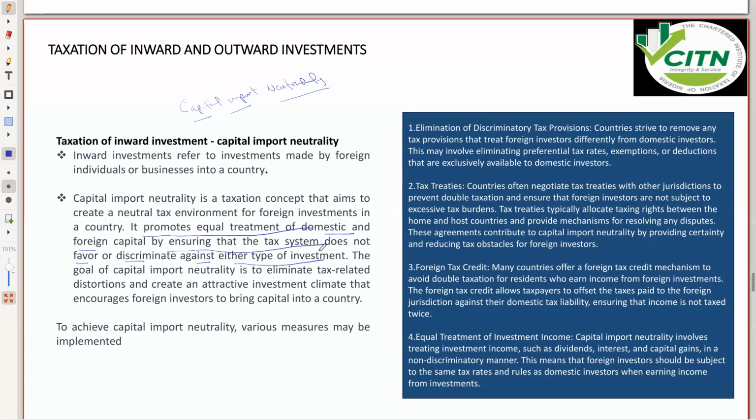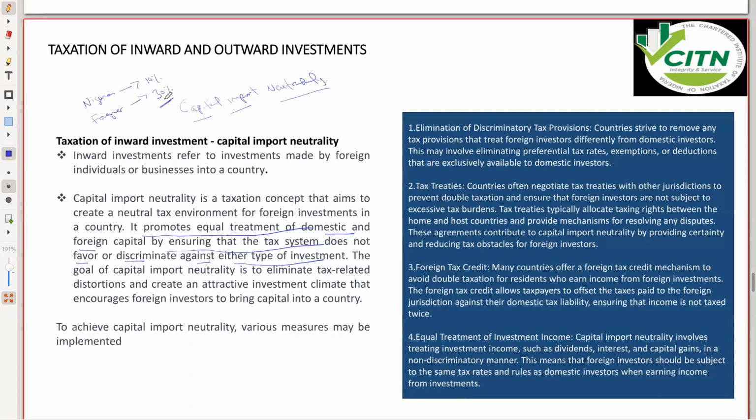In other words, we don't want to say, if you are a Nigerian, you establish business in Nigeria, your tax rate is 10%. If you are a foreigner, your tax rate is 30%. That is discriminatory.